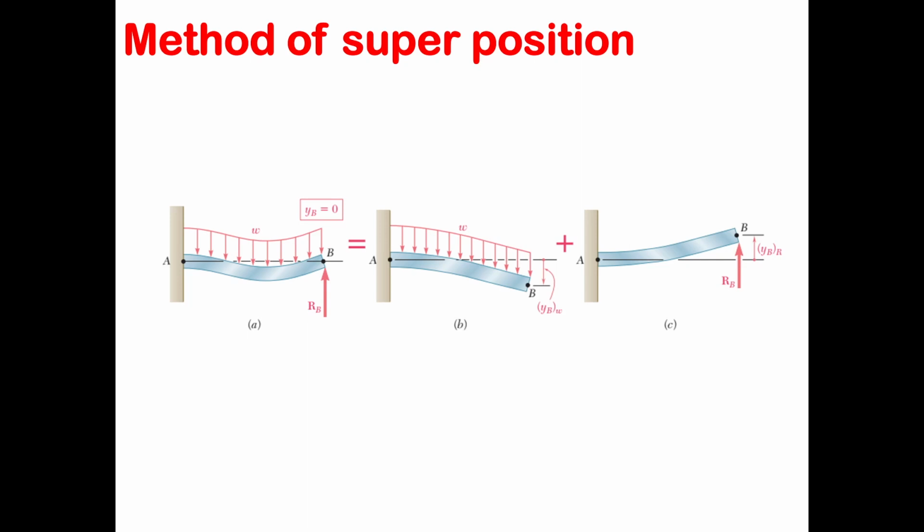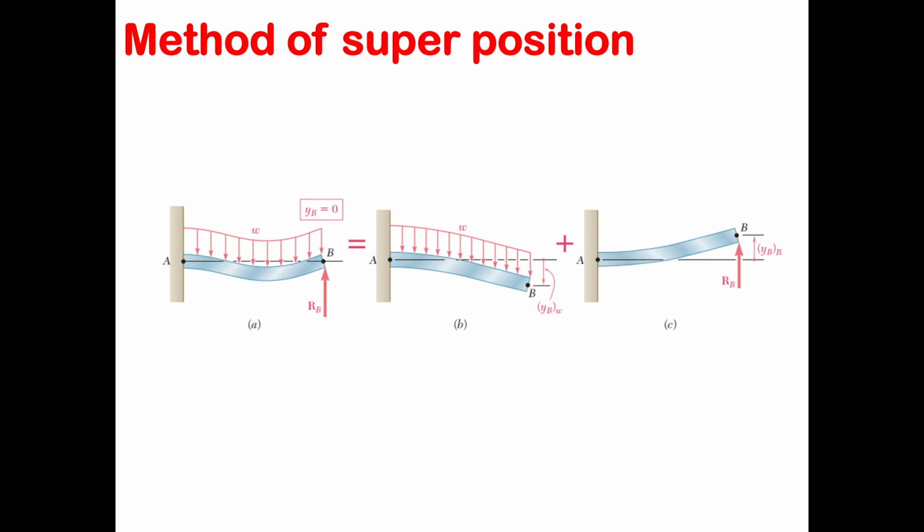But let's say what's going to happen to your analysis if you have two forces being applied, one distributed, one just a regular concentrated force. That's essentially where you can always use the method of superposition.